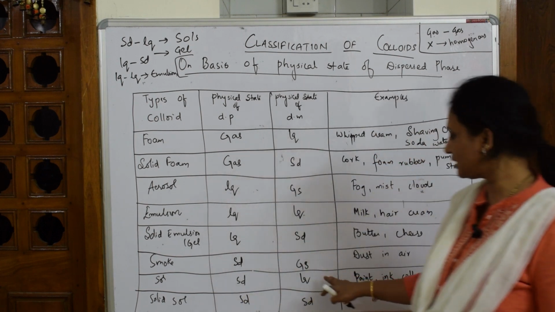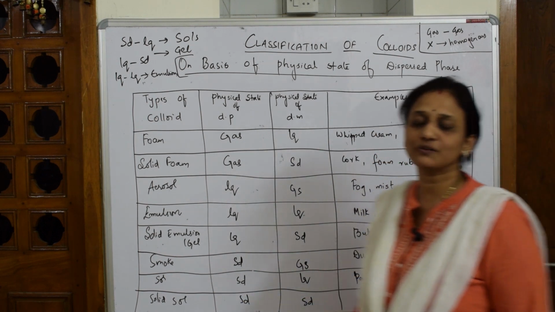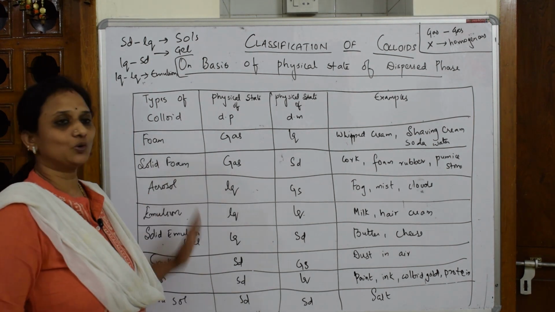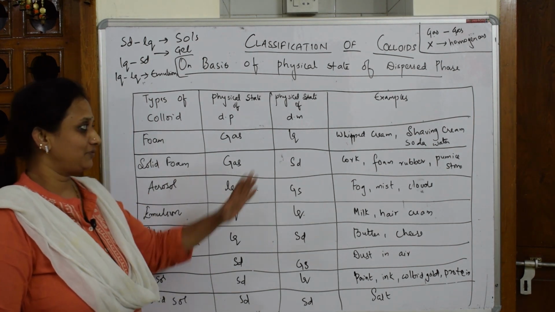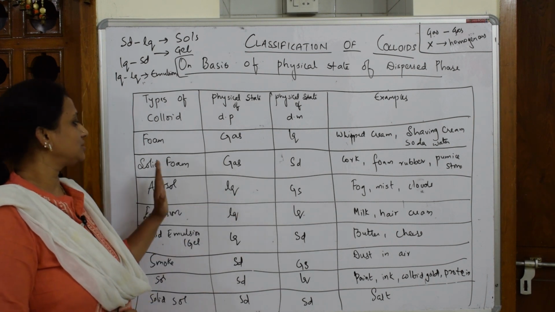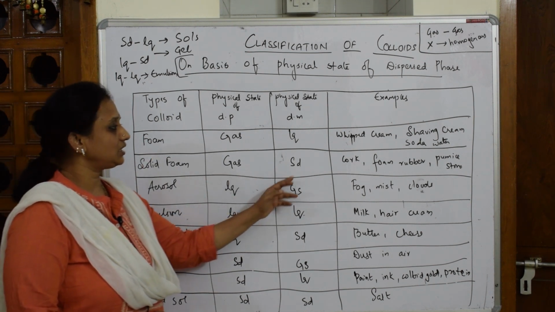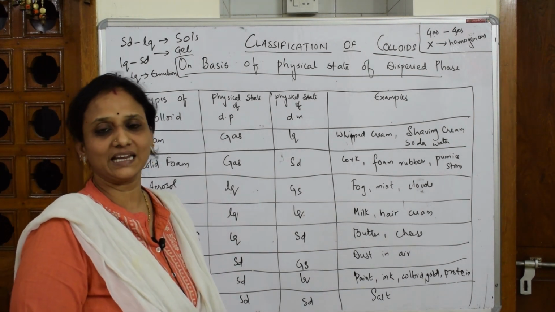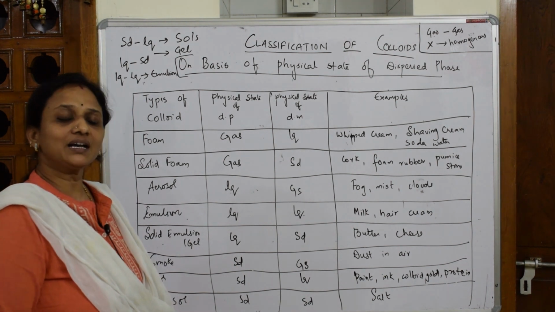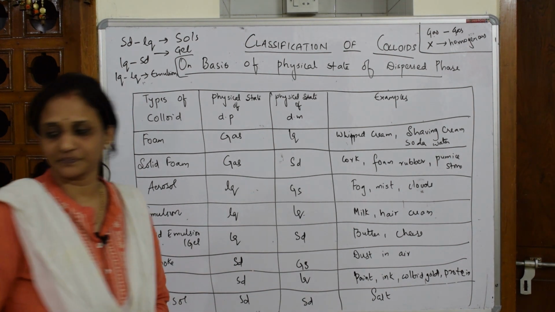What is the dispersion medium? Liquid. So you have to remember that. Please learn by heart or pick up the whole table and keep practicing it. I feel there's nothing to explain in this, the only concept is to practice everything. All of these are important for gaining that 1 mark, because we don't want to lose that 1 mark, isn't it? Let us come back and do the next classification.